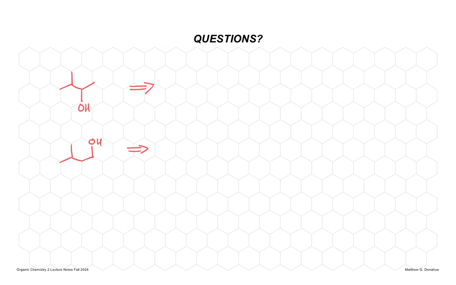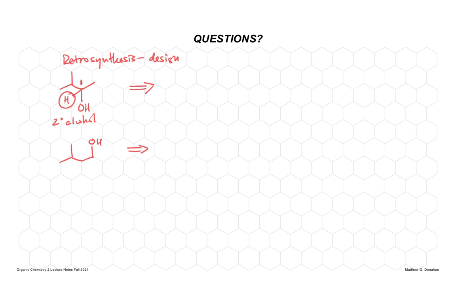Another way of thinking in organic chemistry is called retrosynthesis. And this is the design. You're given the product, what would you start with, and then what reagents would you use to carry out the forward reaction. So if we were given a secondary alcohol, what should the starting material for that be? So if we draw in that hydrogen, we see that that's the hydrogen we have to add.